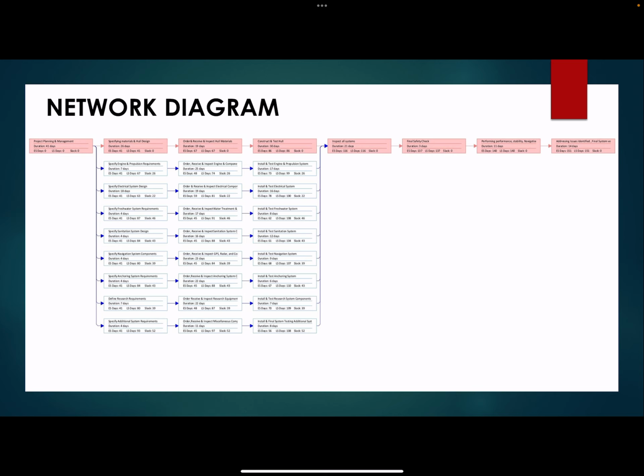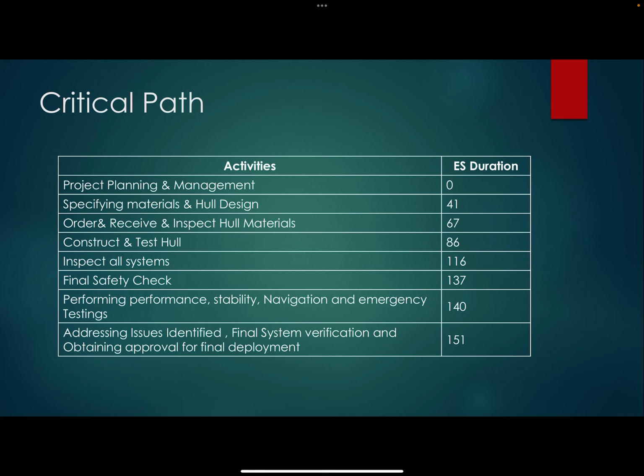This is the network diagram which we have developed, following the activity on node procedure. Let's get into the critical part.